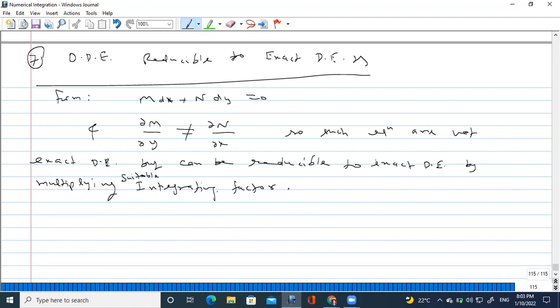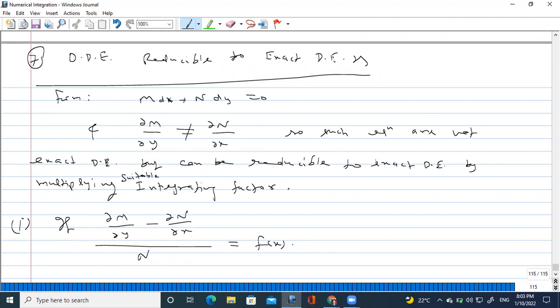Now, how to find out that suitable integrating factor? Number one, you have to check if del M over del y minus del N over del x, divided by N, is equal to some function of x.